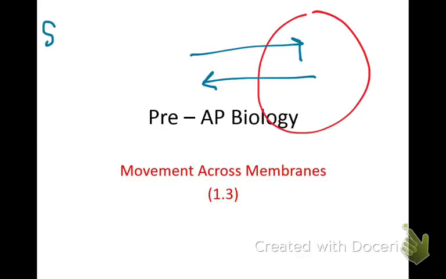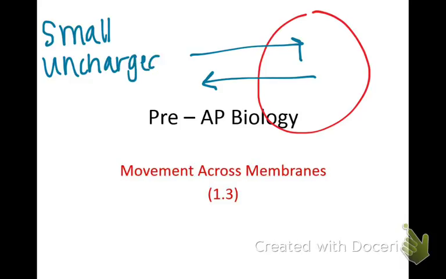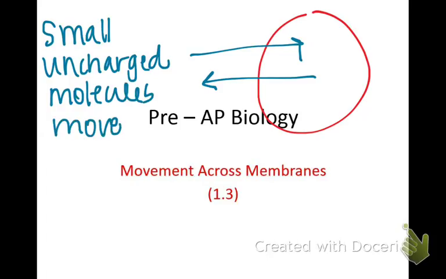Normally, small, uncharged molecules can move in and out.